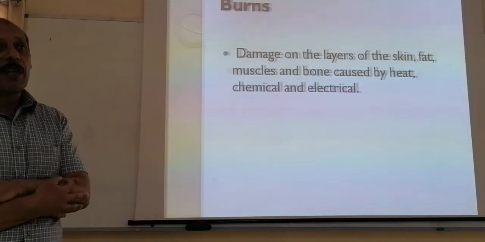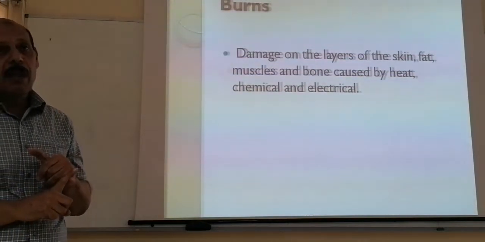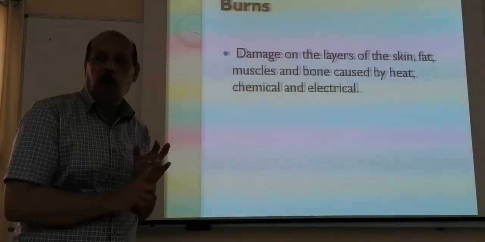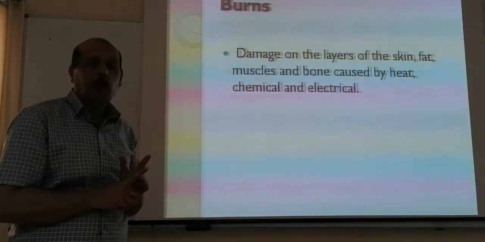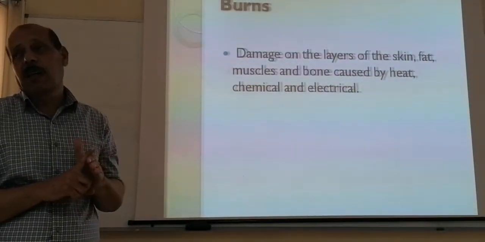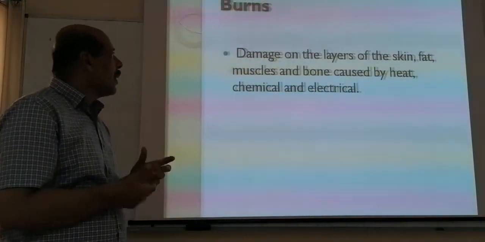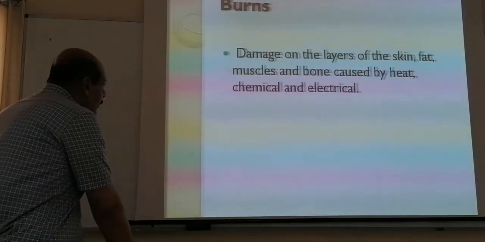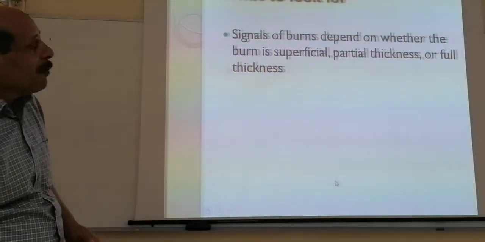So the burn can be due to either heat, dry heat or moist heat, or it can be due to chemical substances, or it might be due to an electrical burn. Dealing with those types of burn is different according to the type of burn.